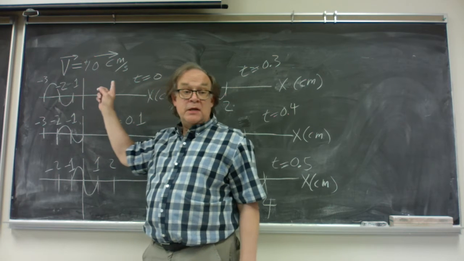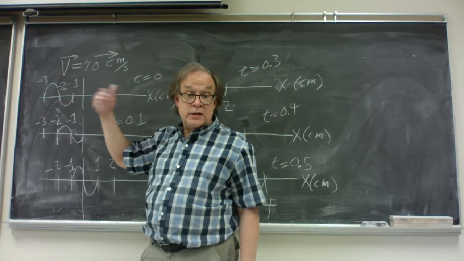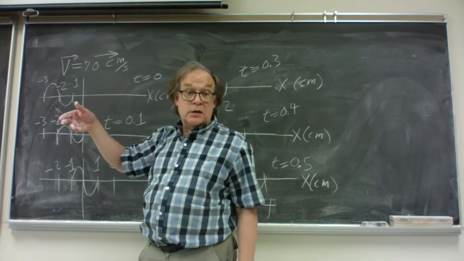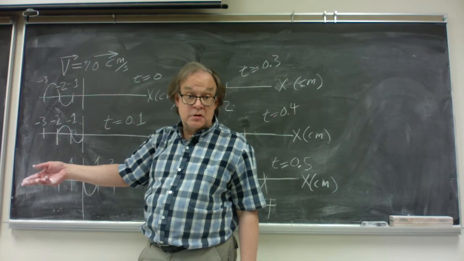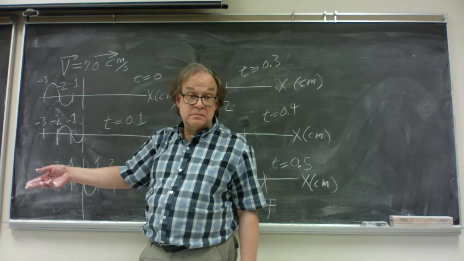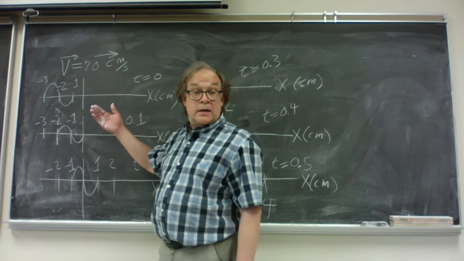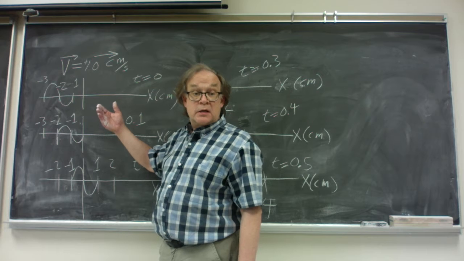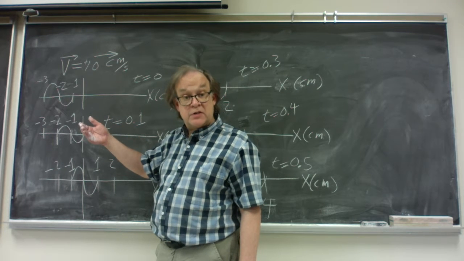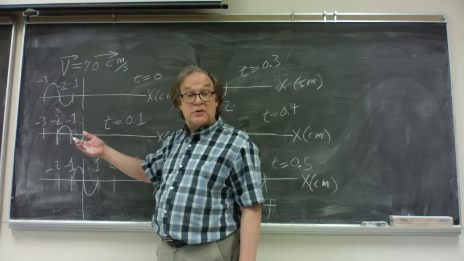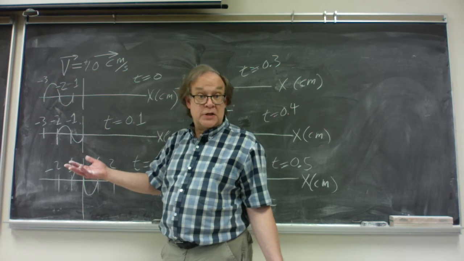Now, since the speed is 10 centimeters per second, it moves 10 centimeters in 1 second, so it will move 1 centimeter in 1/10 of a second. So it's going to be easy if we think about taking a snapshot every 1/10 of a second, because in every 1/10 of a second, the pulse moves 1 centimeter.